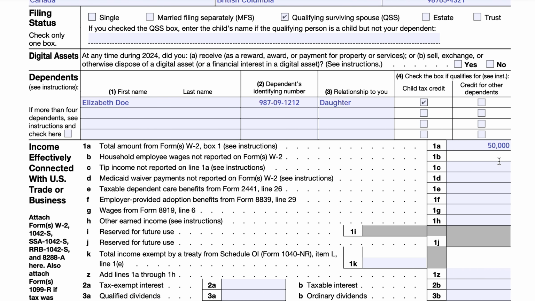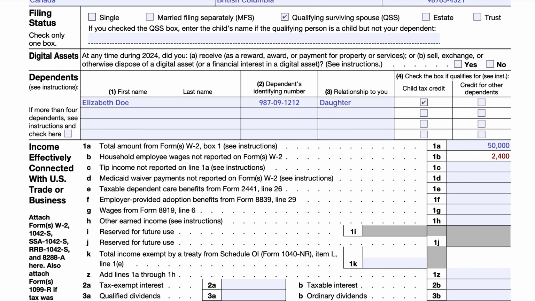Let's just say that he's got a side job where he cleans houses. He makes $200 a month. He visits a house once a month. So according to the form instructions, an employer is not required to provide a W-2 to a household employee if they paid less than $2,700 in wages during 2024.